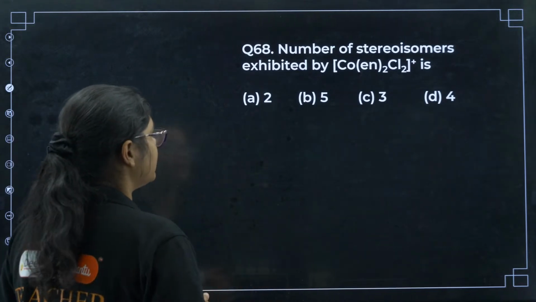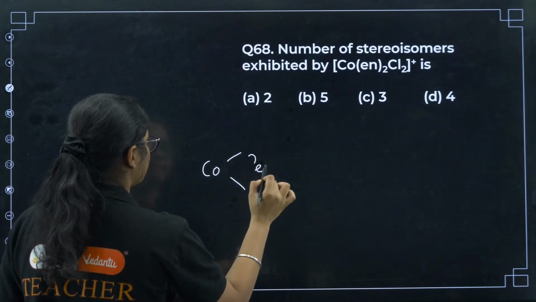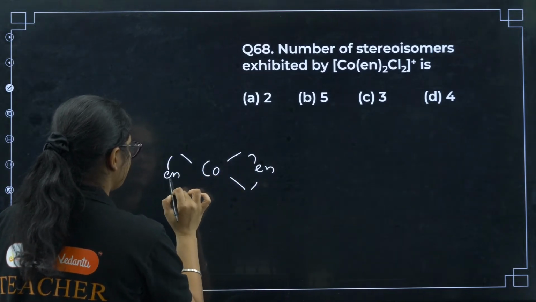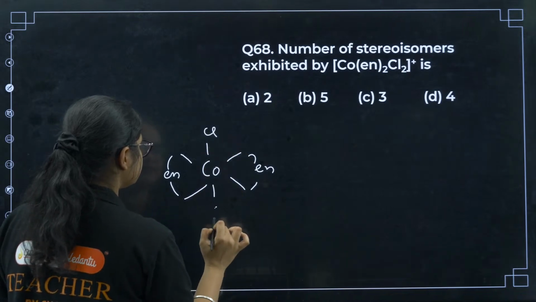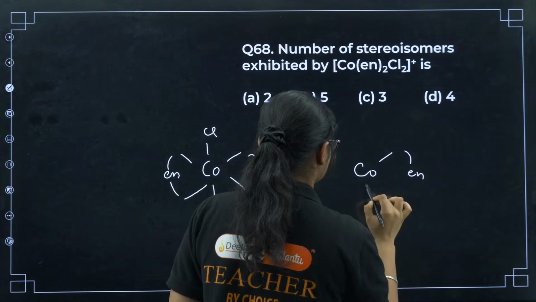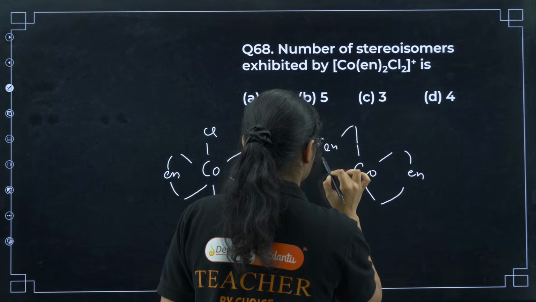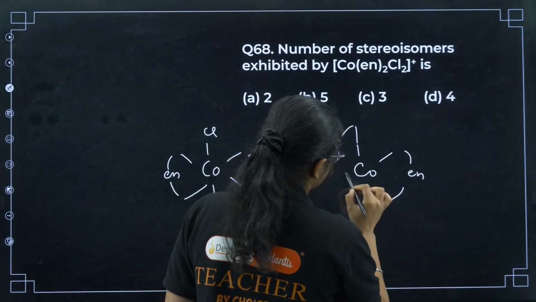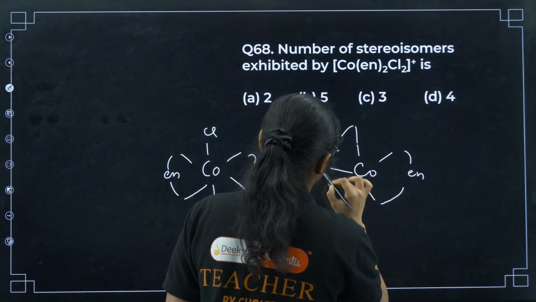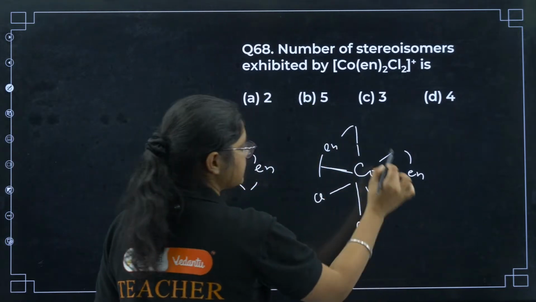So if you see here, Co(en)2Cl2, the structure is like this. I am just drawing quickly. This is the trans form. I can draw the cis one as well. Sorry, it should be like this, right? Okay, so this is the cis form.